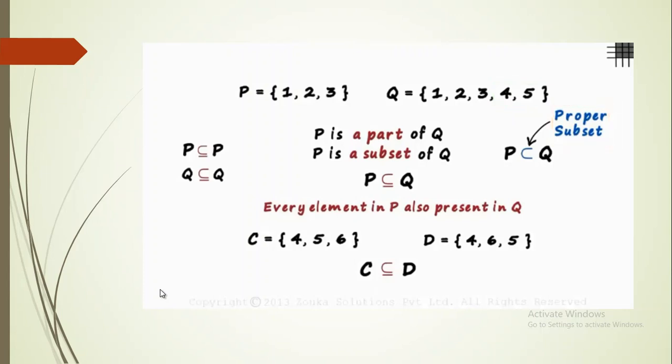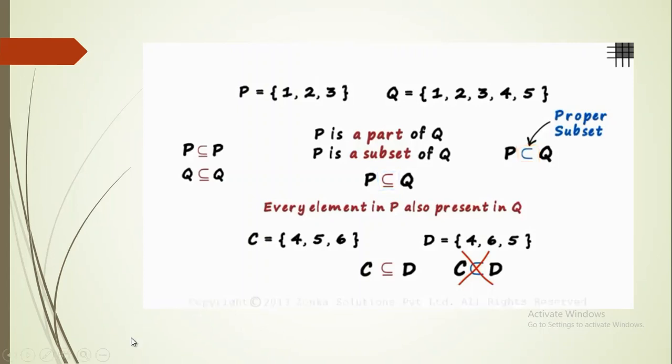Sometimes it is also referred to as the strict subset. Can we say C is a proper subset of D? Think about it. That would be incorrect since there is no element in D which is not a part of C. There has to be at least one such element. That's the only difference between a subset and a proper subset. Just one last thing we need to understand.